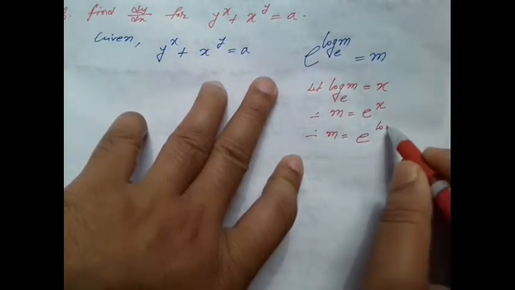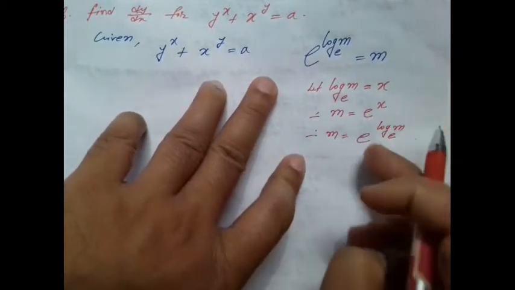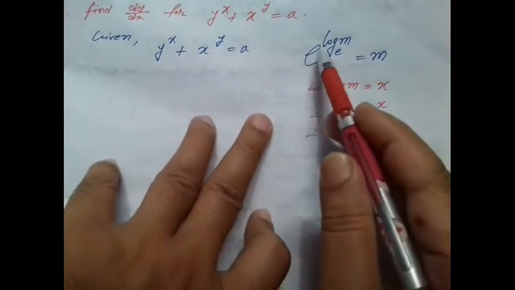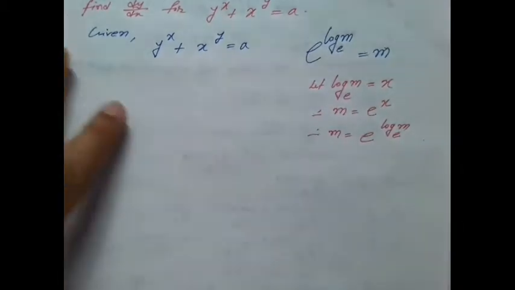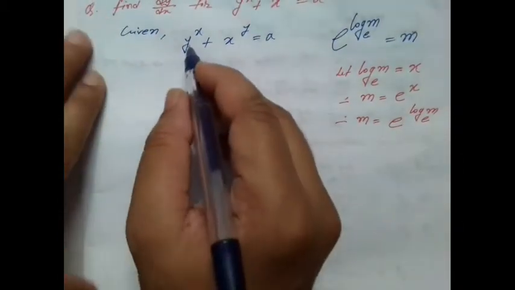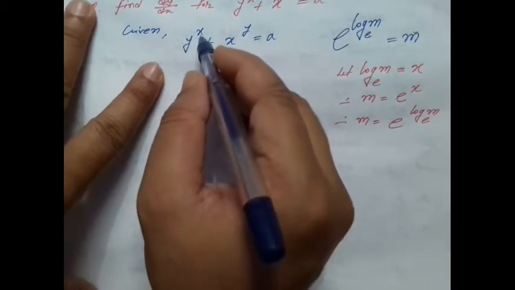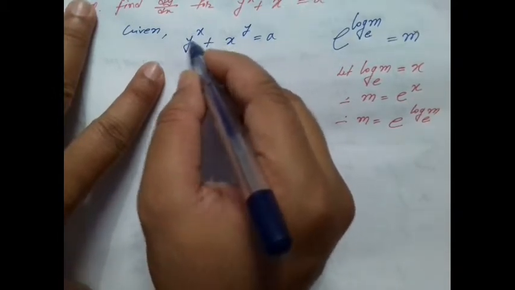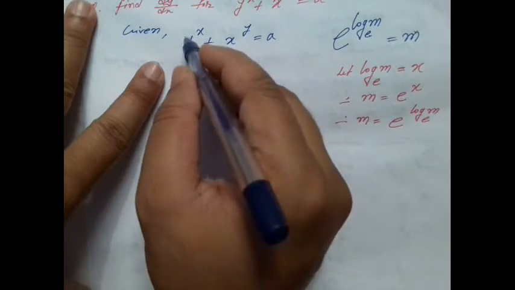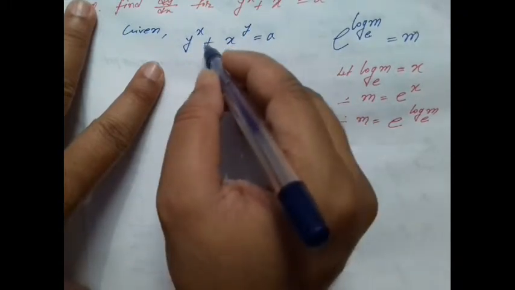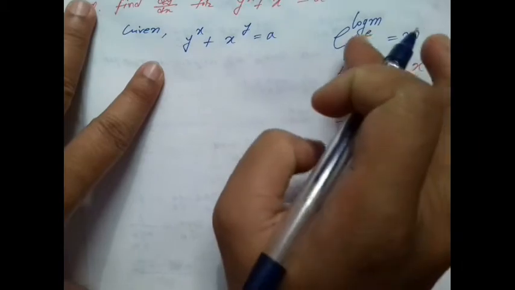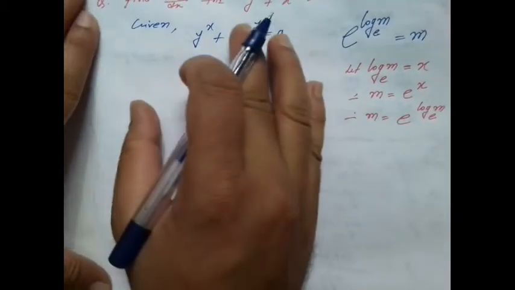The value of x is log m to the base e. Okay, so we can write m in this form, e to the power log m to the base e. Okay, so as here we have variable to the power variable, here x is variable and it is on y, here also, and between these two we have plus, so we have to use this form.